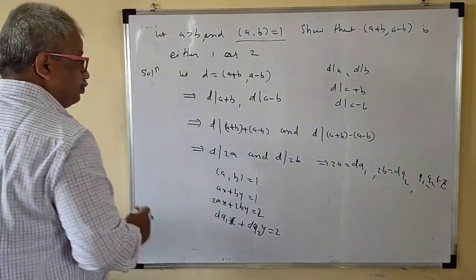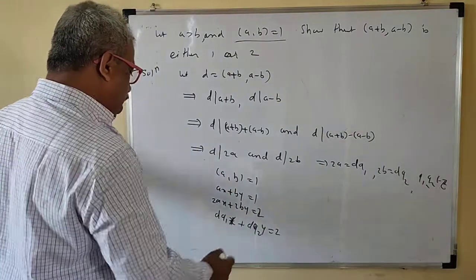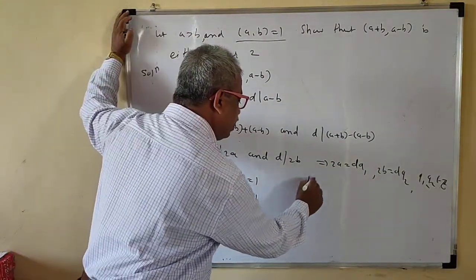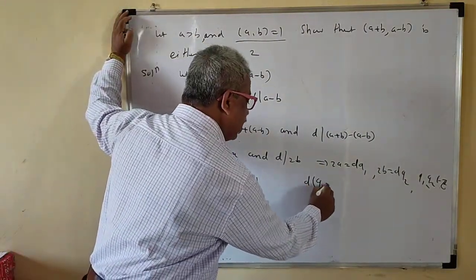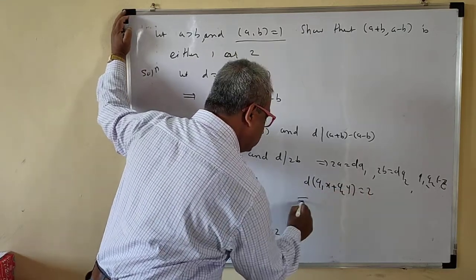I take d common here, so d times (q1x plus q2y) is equal to 2.